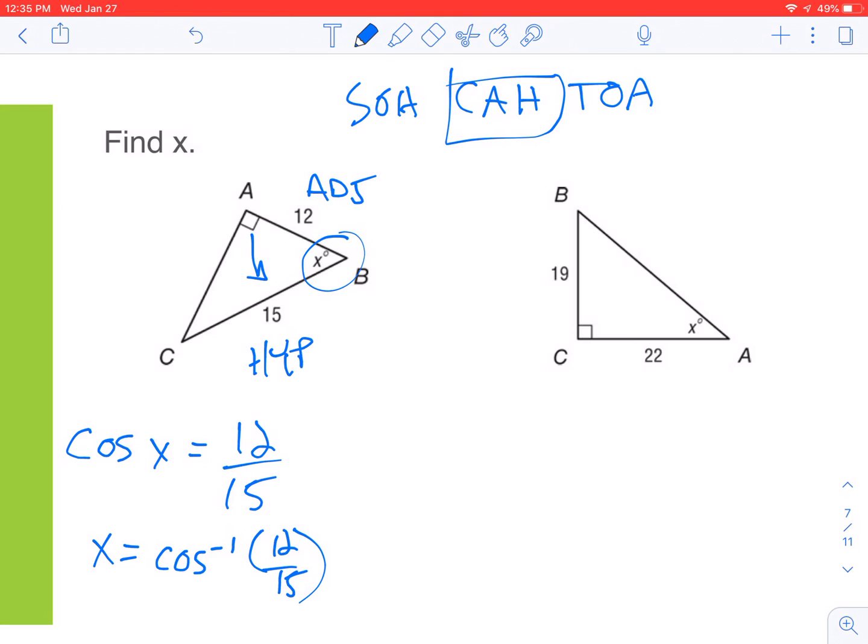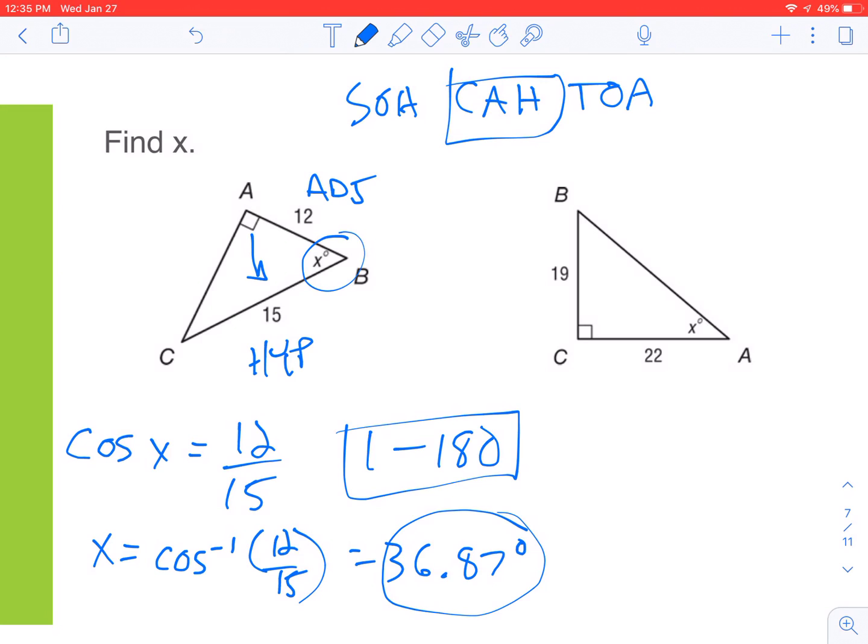So I type that in my calculator like I showed you guys, and I'm going to get 36.87 degrees. So if you get a number between 1 and 180, that's what you're looking for for angles, right? Sorry. It's going to have to be a number from like 1 to 89. If you don't get a number between 1 and 89, it's not right.